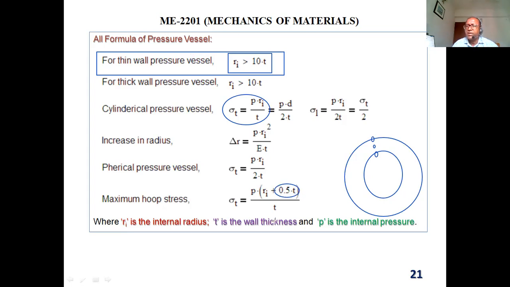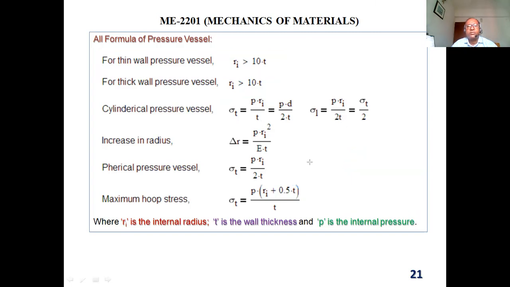But it doesn't matter if it is thin wall, because with respect to the diameter, if you take it right over here or over here, you'll get a little bit of difference, not that much. So you take it at the middle or right over here, both are right.